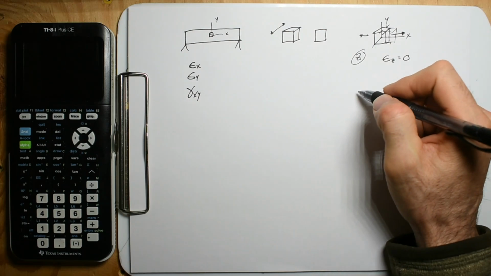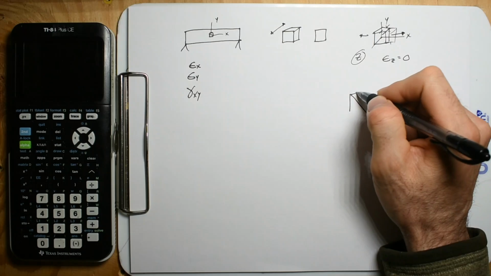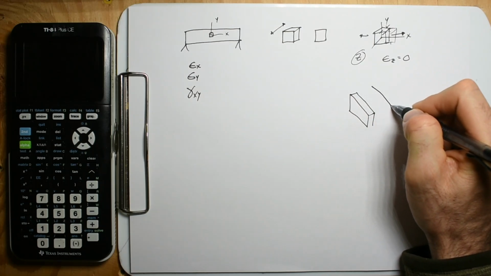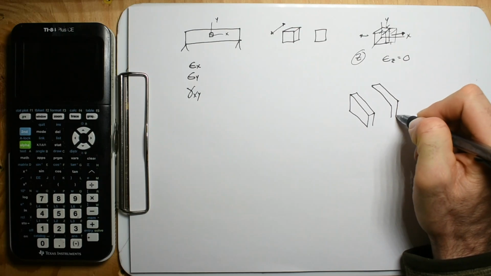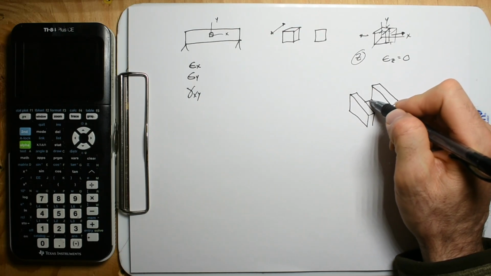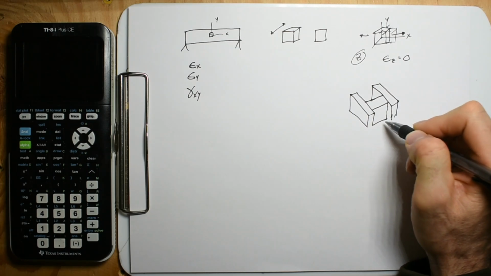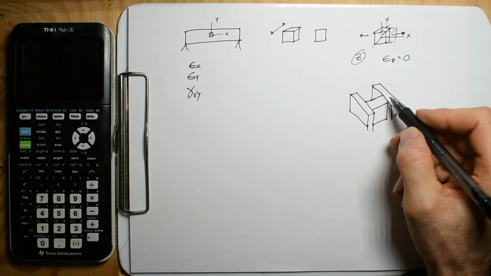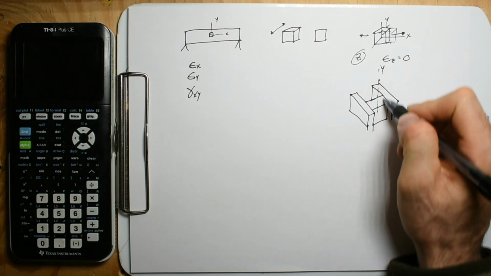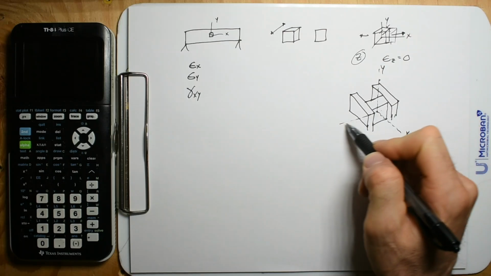So one way that we do that is we set up problems with two parallel steel plates. I'm going to put a chunk of rubber right here, and I'm going to say that this is the y plane, this is the x plane, and this way is the z.